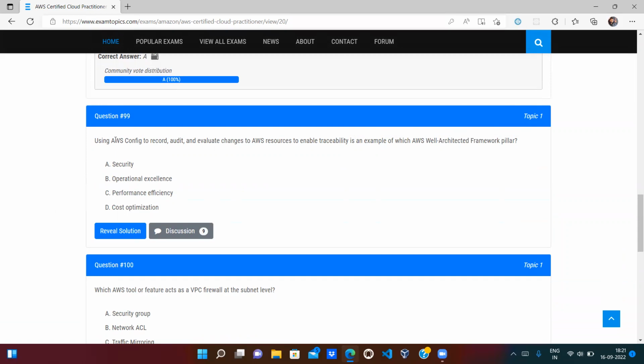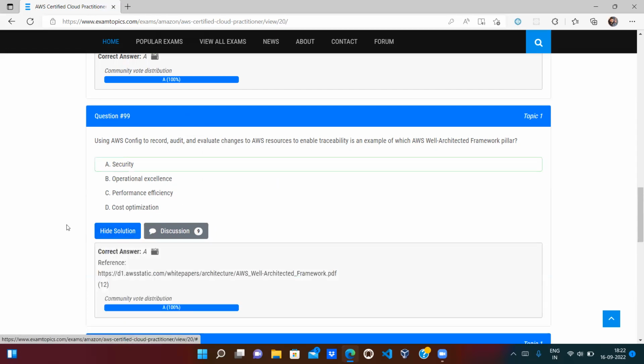You can record all the changes in AWS Config, and whenever any resource is created, AWS Config will automatically scan all the resources. Basically it will protect you, because it's for the audit. So this is the security pillar, not operations, not performance, not cost optimization. Security is the correct answer.